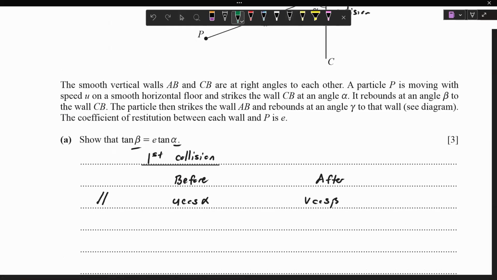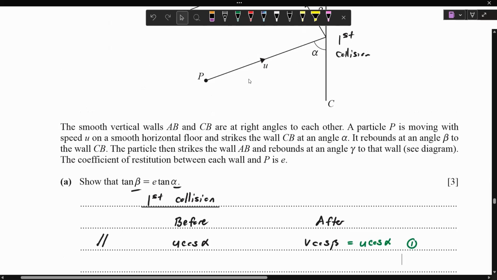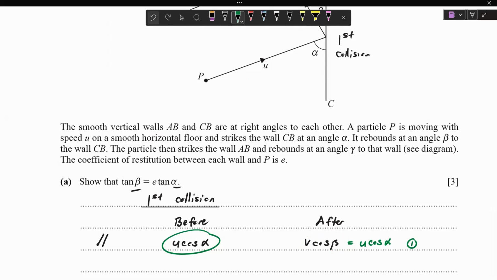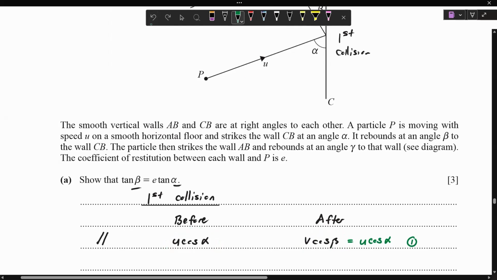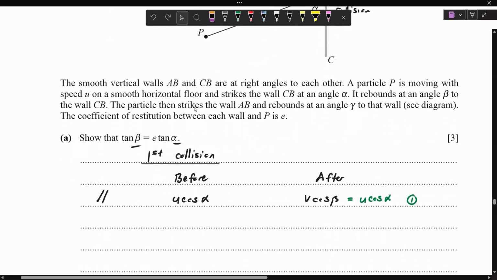But we know that v cos beta and u cos alpha are equal to each other because the components that are parallel to the wall do not change. So that's why I said v cos beta is equal to u cos alpha, and I'm calling that equation 1.